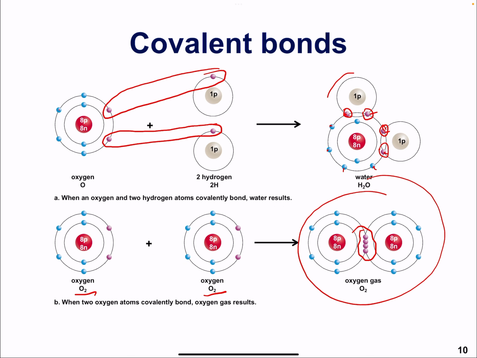In this molecule of water, while there is a share of electrons, what is interesting is that the electrons shared between oxygen and hydrogen tend to spend more time close to oxygen than they do to hydrogen.